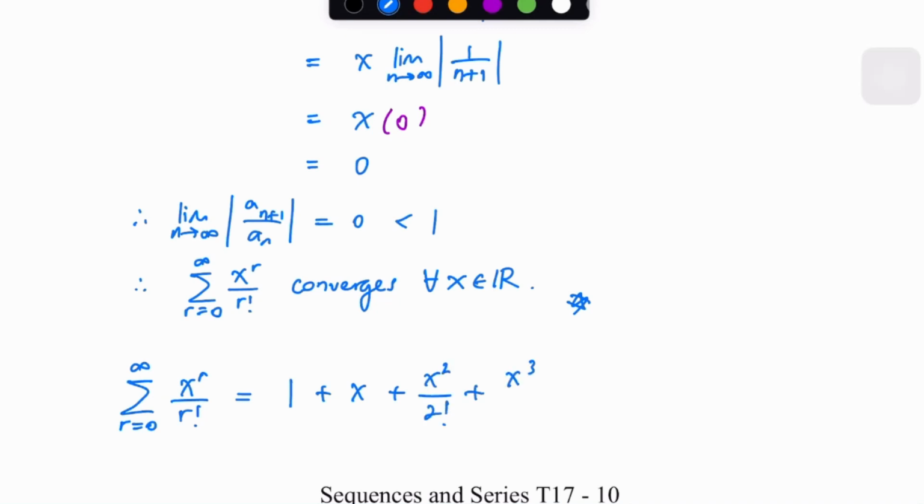Then x cubed over 3 factorial, x^4 over 4 factorial, and so on. Is this very familiar? You've done Maclaurin series. Very good. So this will equal e^x. It will converge to e^x.